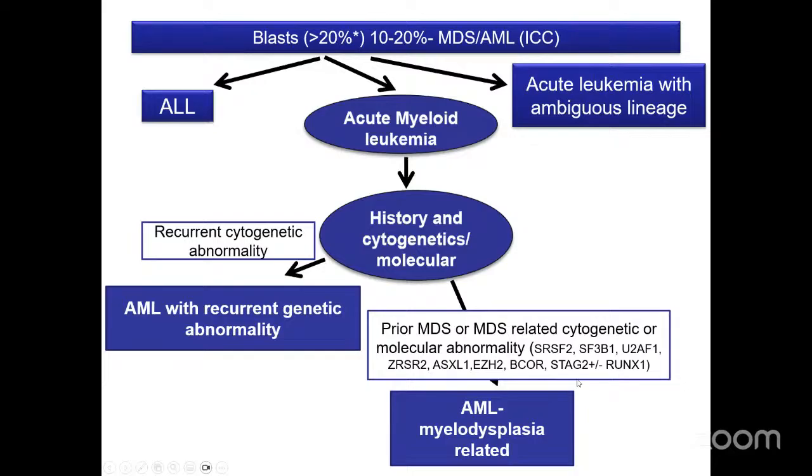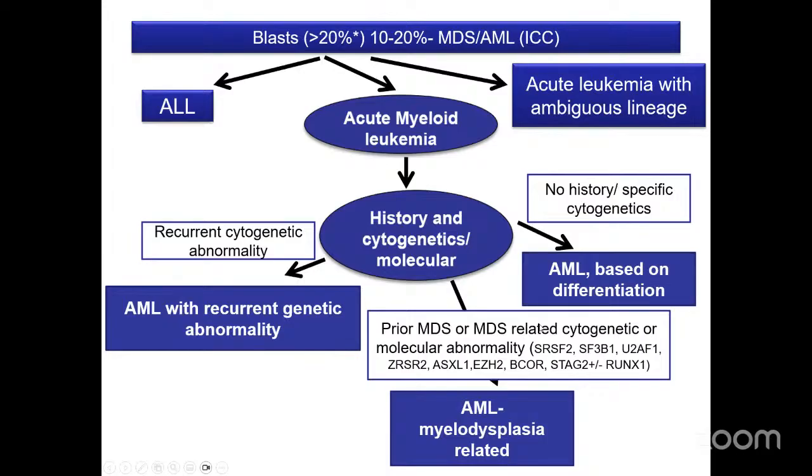If the patient has prior MDS or MDS related cytogenetic or molecular abnormalities, so molecular abnormalities are somewhat new in this category, and these are listed here, you call it AML, myelodysplasia related. And if you have none of these, then it becomes AML NOS. And for CEBPA and BCR-ABL, you do not require 20, you still require 20% blast percentage.